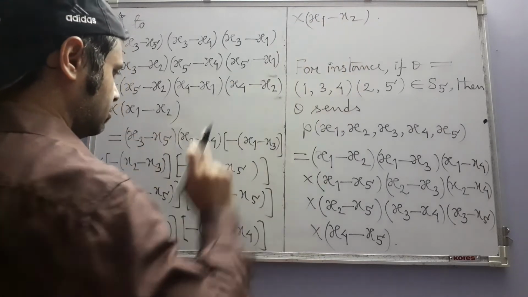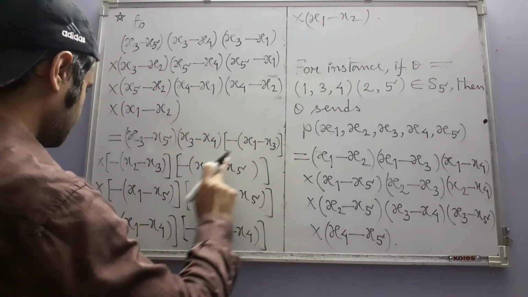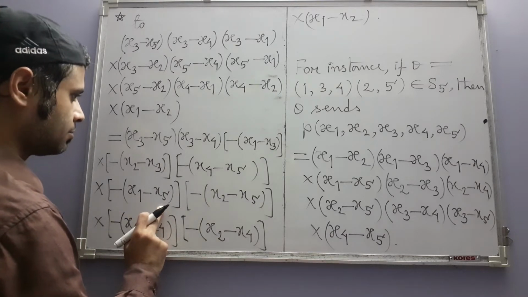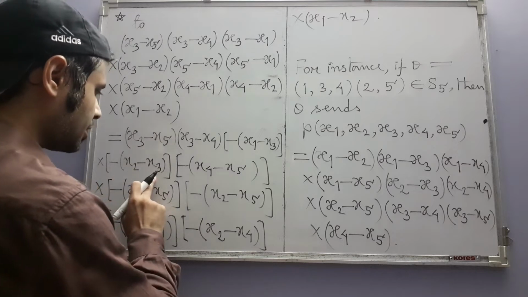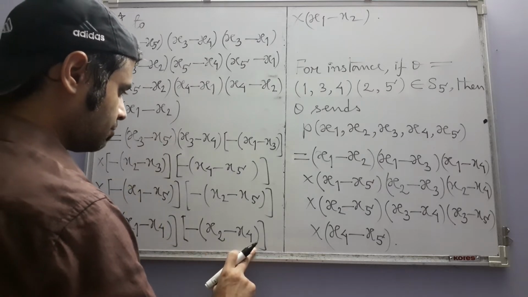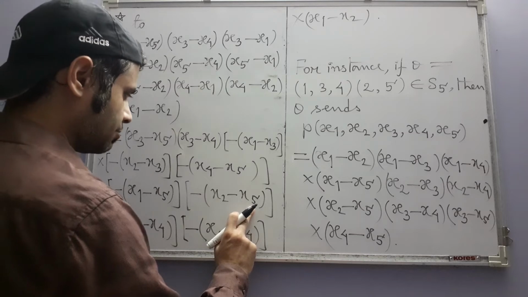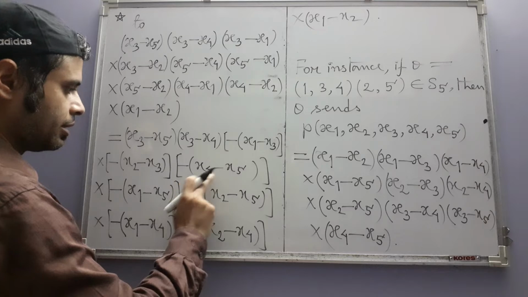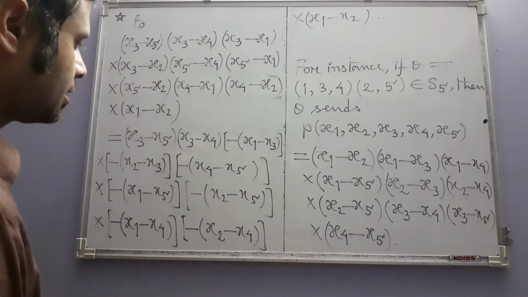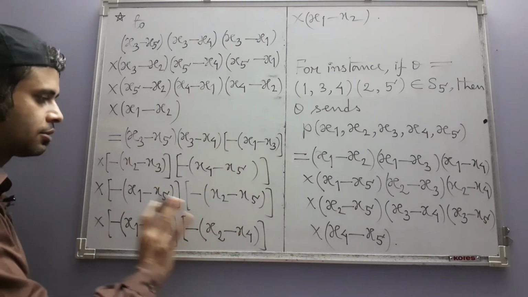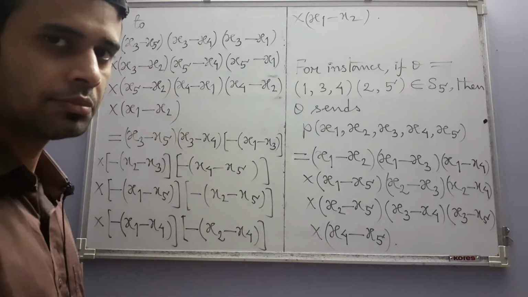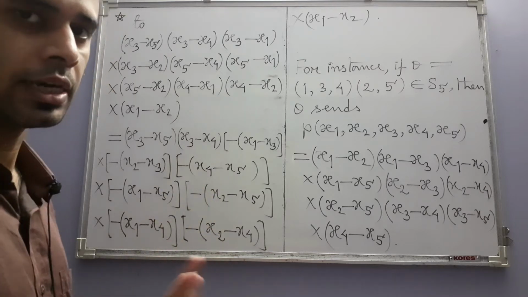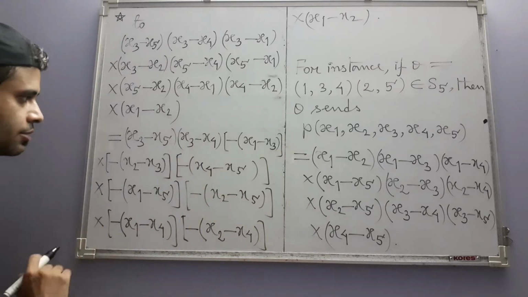X1 minus x2, x1 minus x3, then x1 minus x4, x1 minus x5, then x2 minus x3, x2 minus x4, x2 minus x5, then x3 minus x4, x3 minus x5, and finally x4 minus x5. And you can see that the number of factors also is of course the same, because we have just simply changed some factors, that's all. The number of factors does not change.